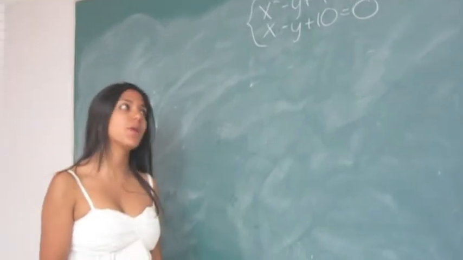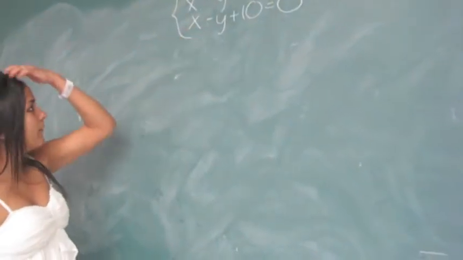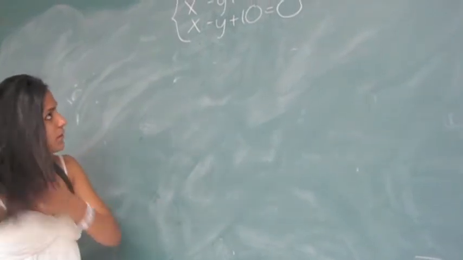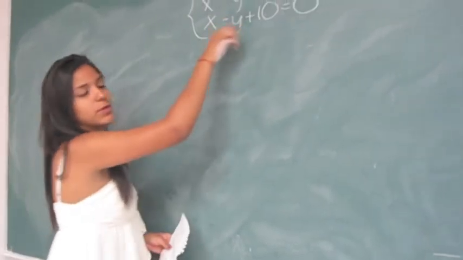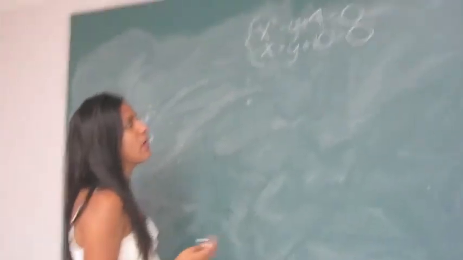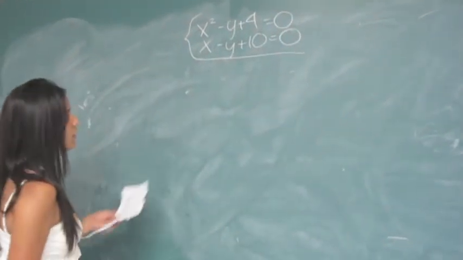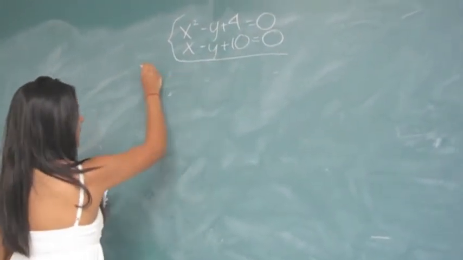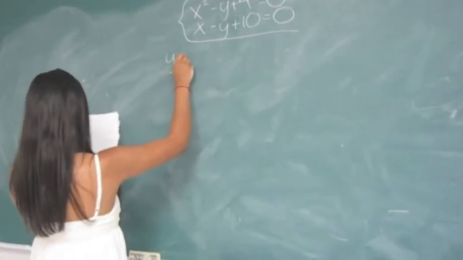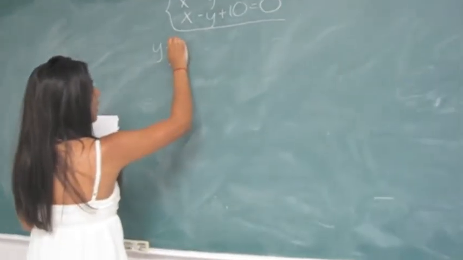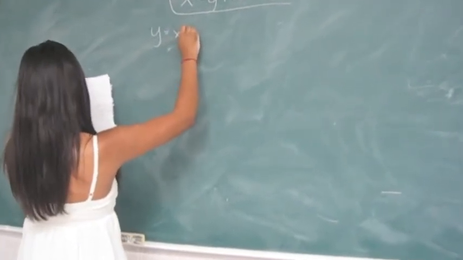What we have to do is solve x and y via substitution. So what we have to do first is find a formula for whichever variable you want from whichever problem. We are going to choose this one, and we're going to get a formula for y. So the formula would be, by doing inverse operations, x plus 10.